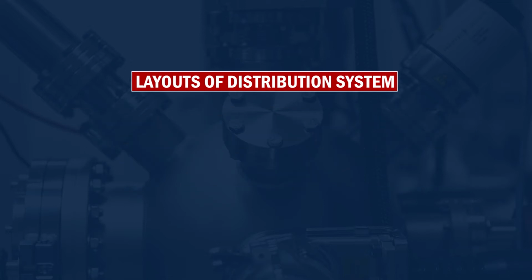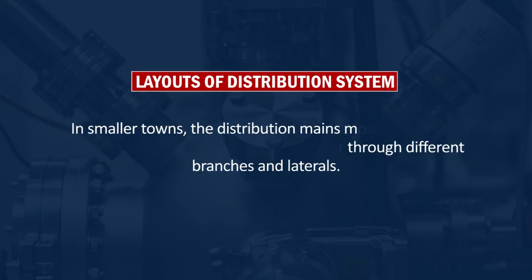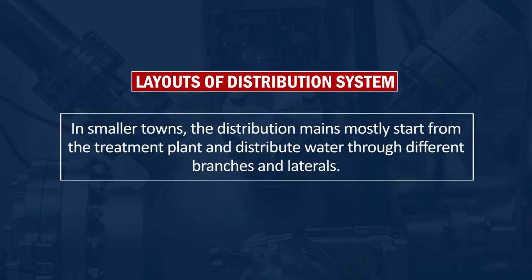In large cities, the area is divided into several zones and each zone has a separate distribution reservoir or tank. In smaller towns, the distribution mains mostly start from the treatment plant and distribute water through different branches and laterals.